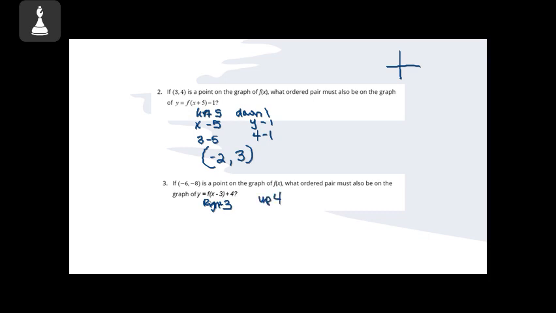That means to my x coordinate, I need to add 3, and to my y coordinate, I need to add 4, because as I move right, I increase my values on the coordinate plane, and as I move up, I increase my values as well. If I take negative 6 plus 3, that's going to give me negative 3 for my new x value. My y value was negative 8, and I want to add 4 to that, so that's going to put us at negative 4 now.